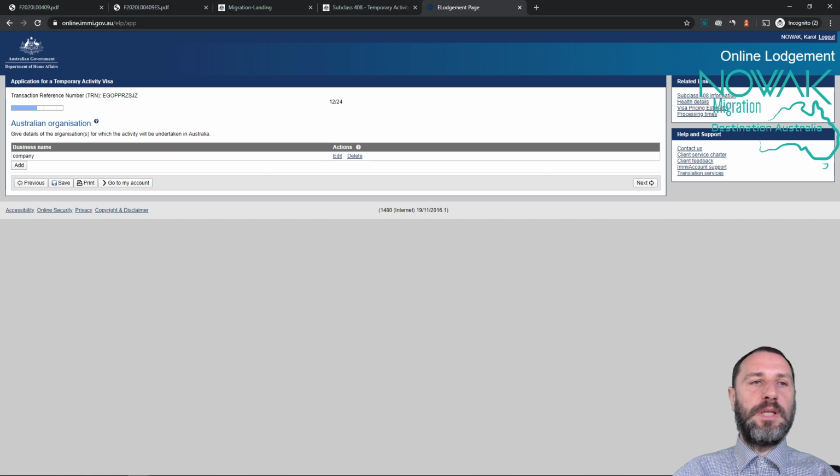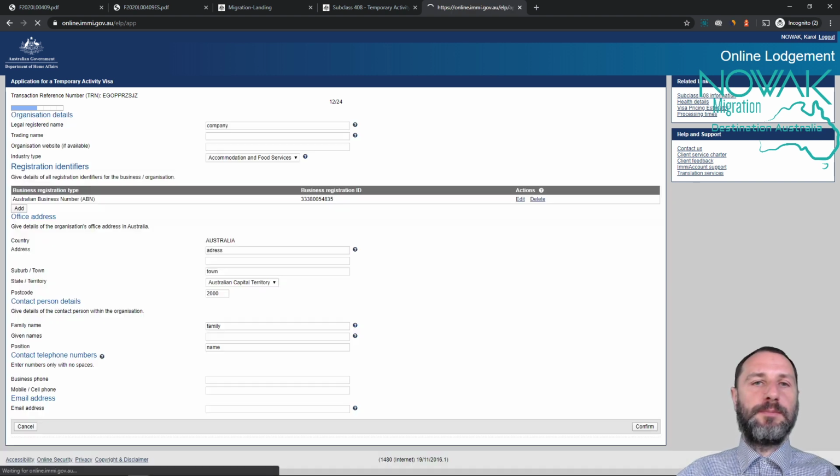And here it is: Australian organization, your employer. You must have an employer who is willing to give you a job related to COVID-19, to the pandemic, right? If you do not provide any company over here, an error will pop up and tell you that you must provide some information about the employer.